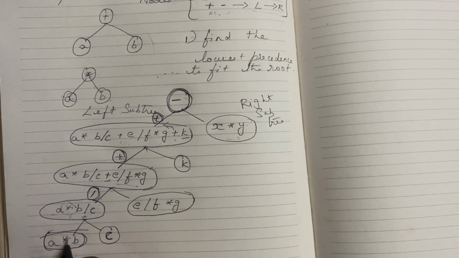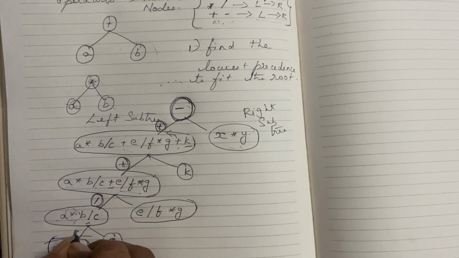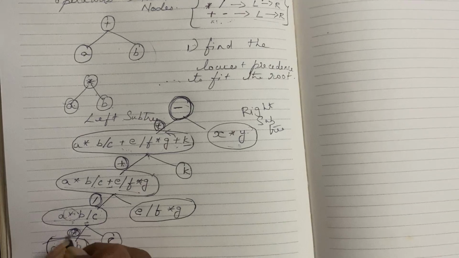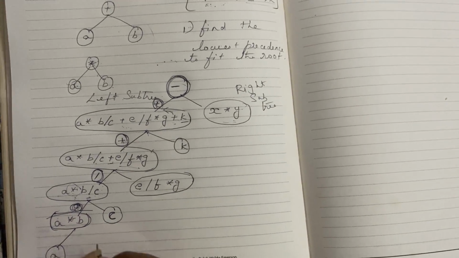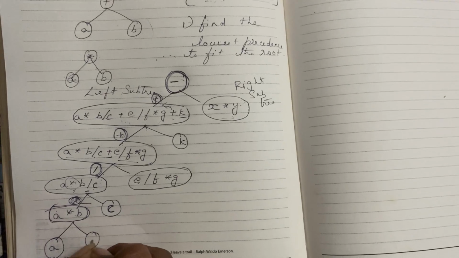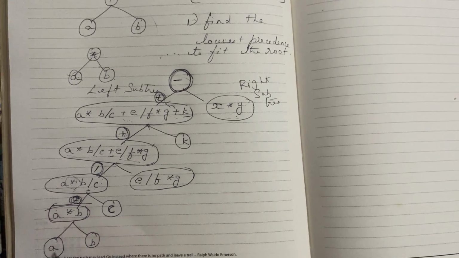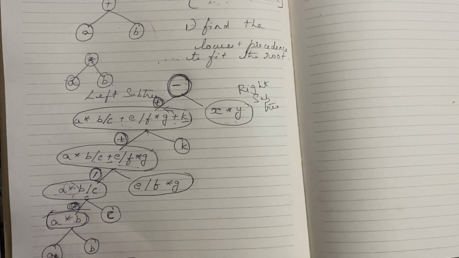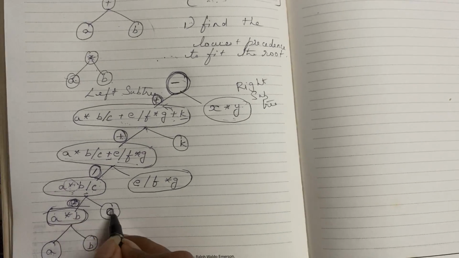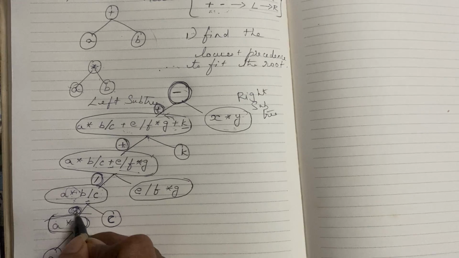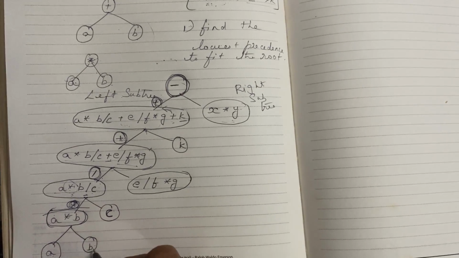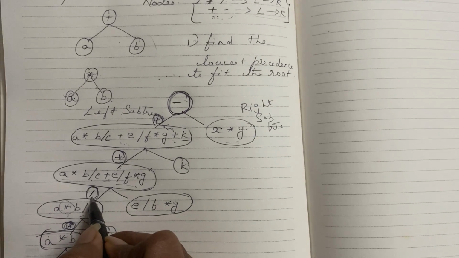So this particular node will have the multiplication symbol. So the left child will be A and the right child will be B. After this you cannot extend. If you see, all the operands are at the leaf, and you have this multiplication symbol. So left node will be A, right node will be B, and you have the multiplication symbol here.